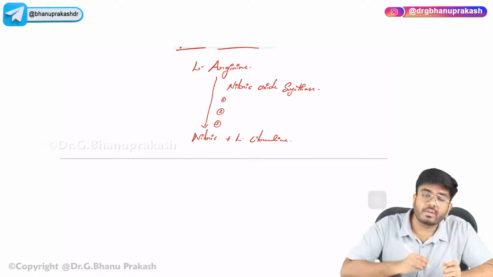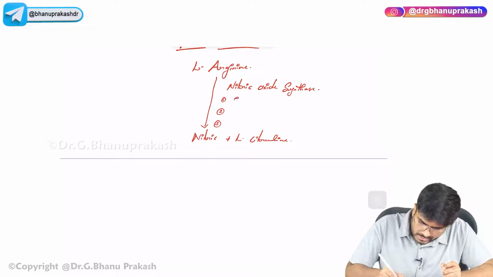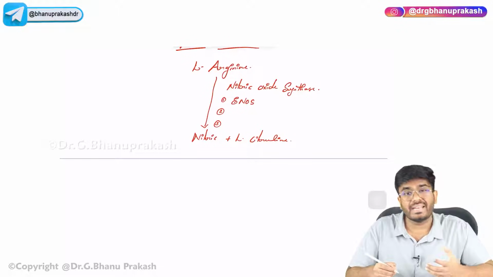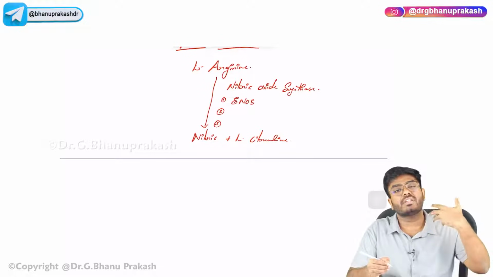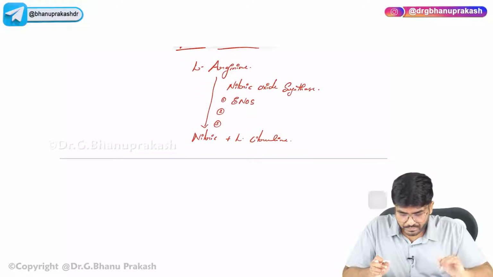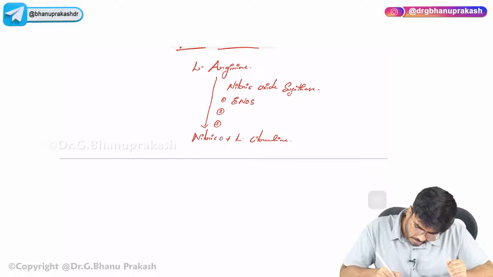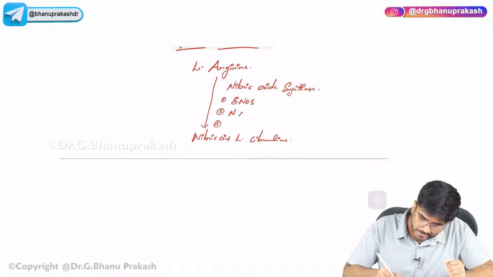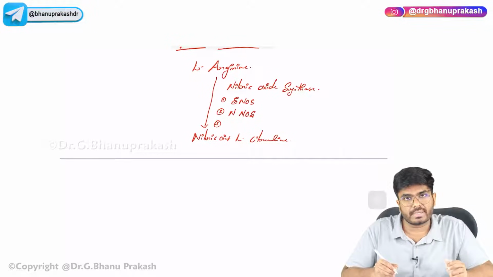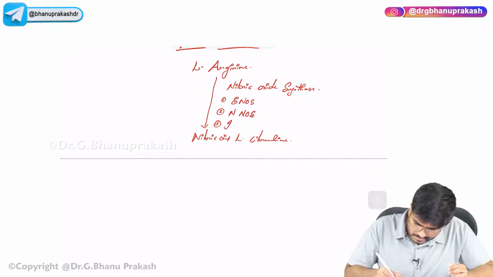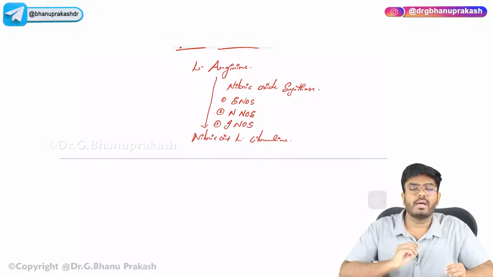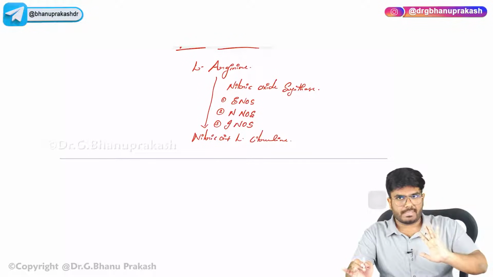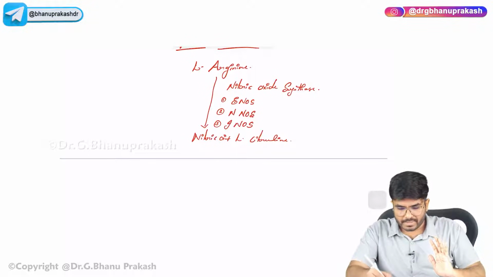There are 3 types: eNOS, endothelial cells produce the nitric oxide synthase, which will convert the arginine into nitric oxide. Next, nNOS, neuronal nitric oxide synthase. Even the nervous system produces nitric oxide. And iNOS, inducible nitric oxide synthase. So there are 3 types of nitric oxide synthase.